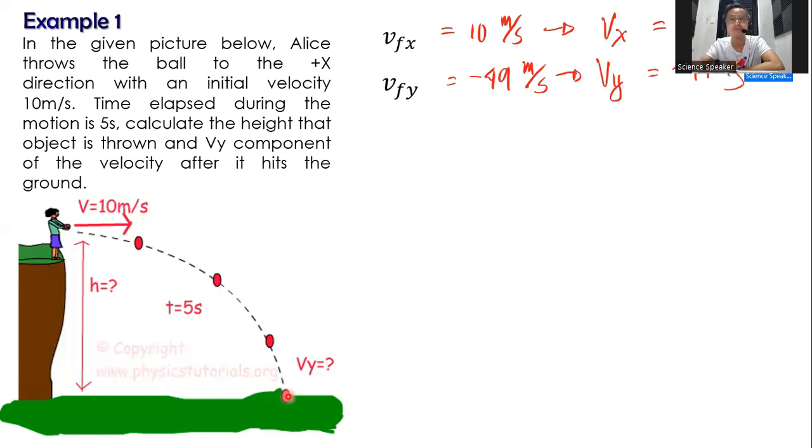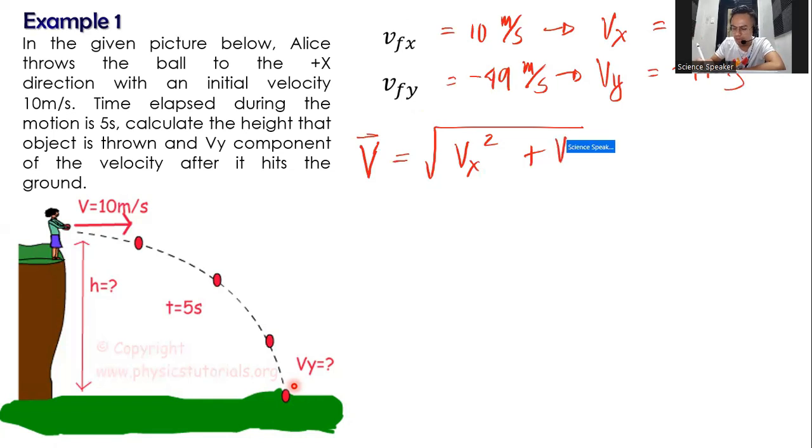To solve for the velocity of the ball before it hits the ground, we simply use the Pythagorean theorem: the velocity is equal to the square root of v x squared plus v y squared.